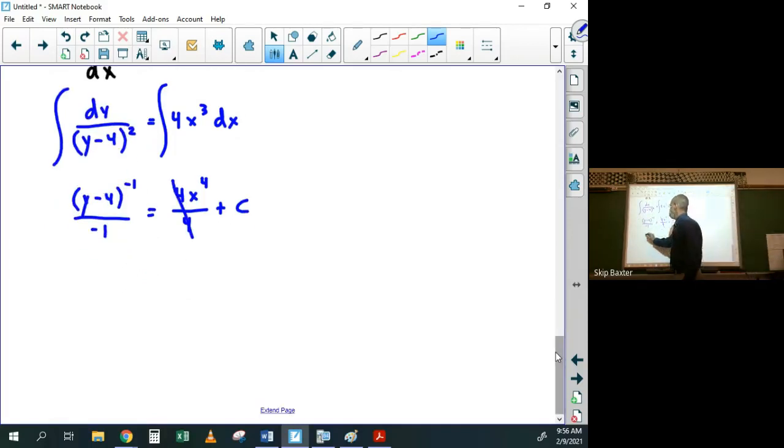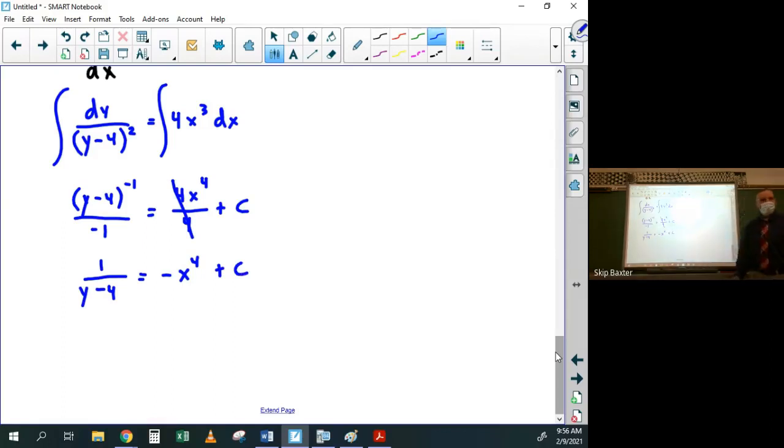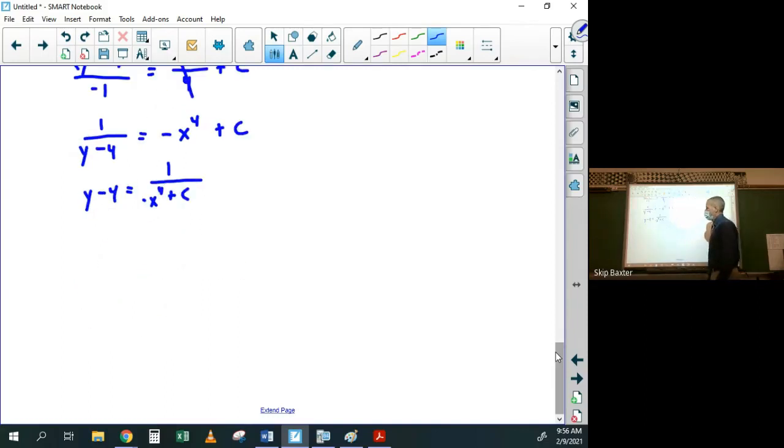Those cancel, so you have 1 over y minus 4 equals negative x to the 4th plus c. Then take the reciprocal of both sides. y minus 4 equals 1 over negative x to the 4th plus c. And then add 4. So you get 1 over negative x to the 4th plus c, plus 4.